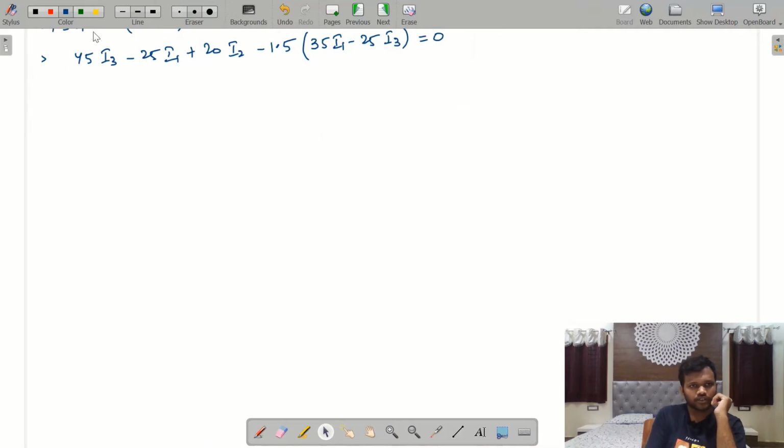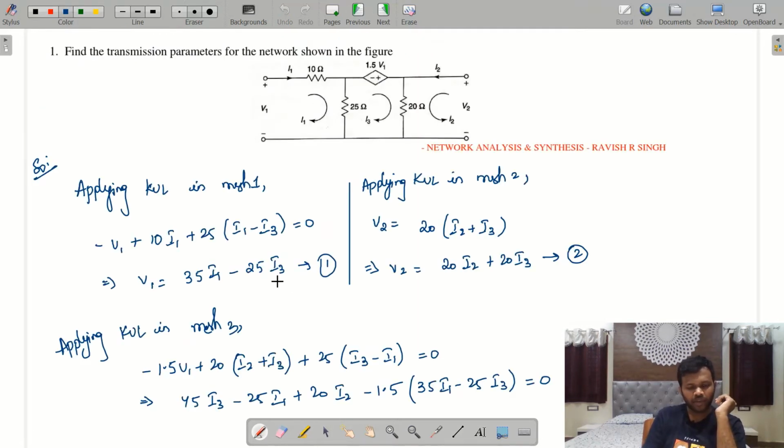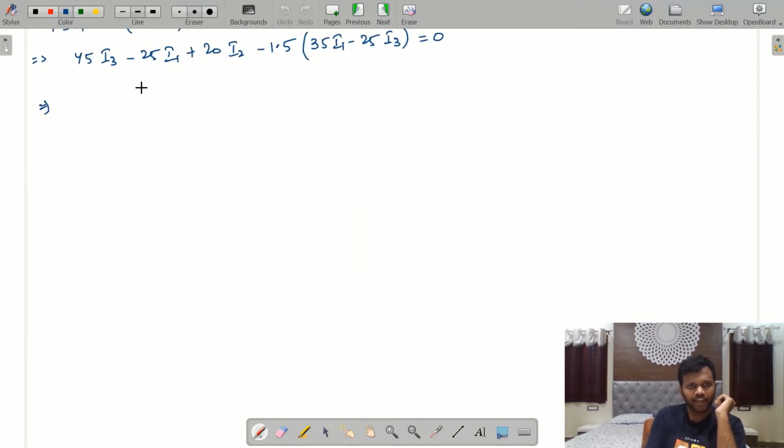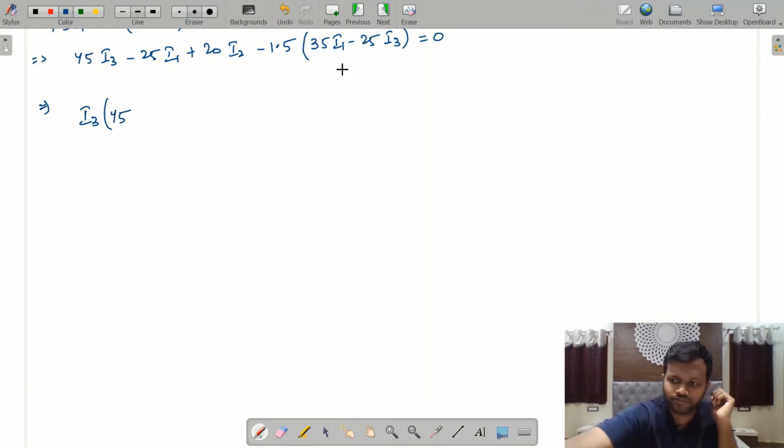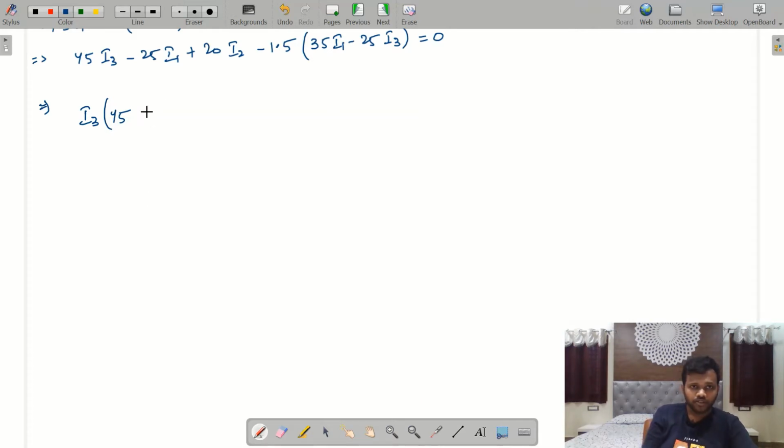To find the ABCD parameters, I need to first eliminate this I3 term. For that reason, I will write I3 in terms of I1 and I2. Taking I3 as common, 45 minus 1.5 into 25, that is plus 37.5.